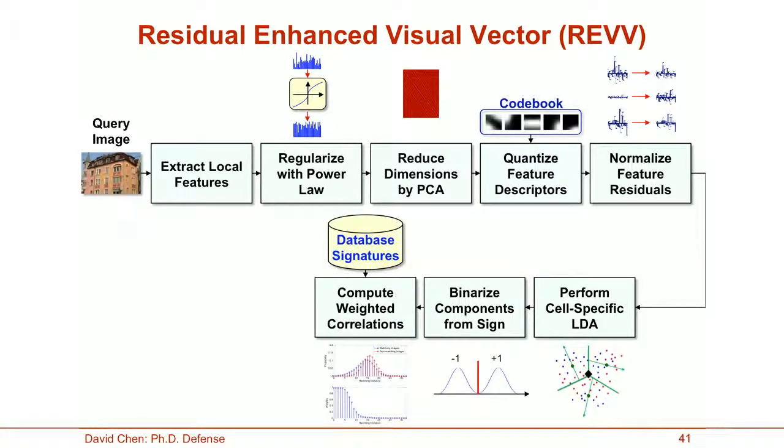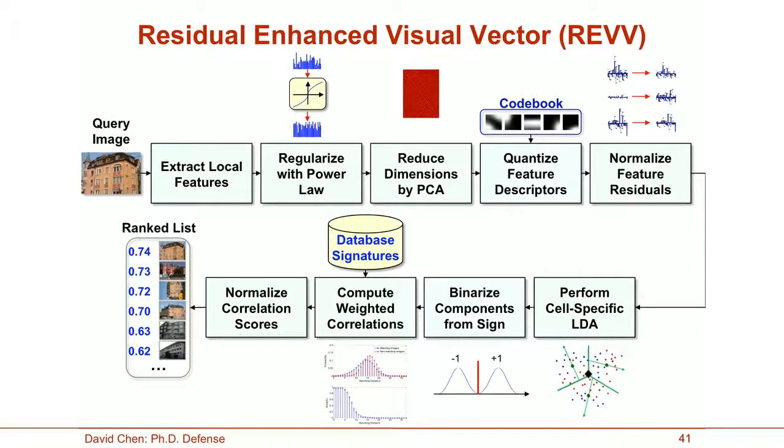These binary signatures can also be compared directly in the compressed domain against a database of REV signatures via weighted correlations. Finally, we normalize the correlation scores to take into account that some images visit more codewords than other images. The output is a ranked list of database candidates, where the most similar database images appear at the top of this list.